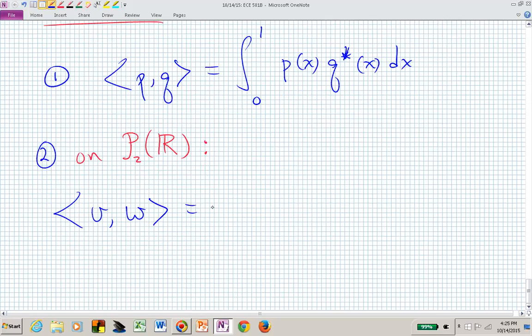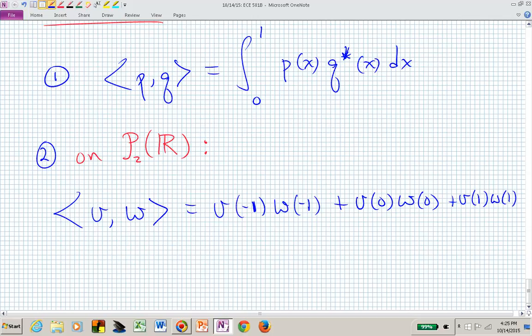I'm going to evaluate this function v at -1, or sample v at -1, and multiply that by the polynomial w sampled at the point x equals -1. I'm going to form that product. I now have two numbers that will be real, and I'll just multiply them together. But then I want to add to that the polynomial v sampled at 0 times w sampled at 0 plus v1 w1.